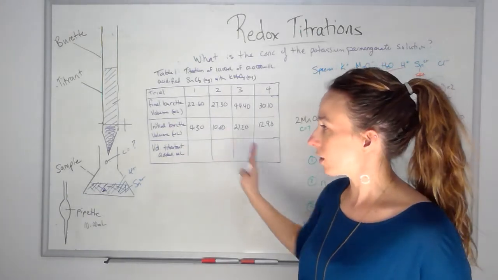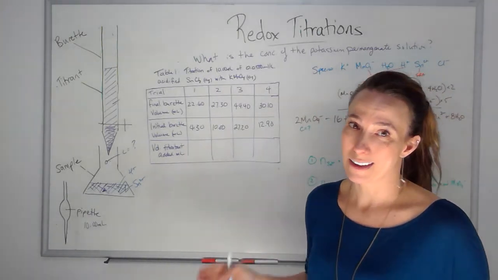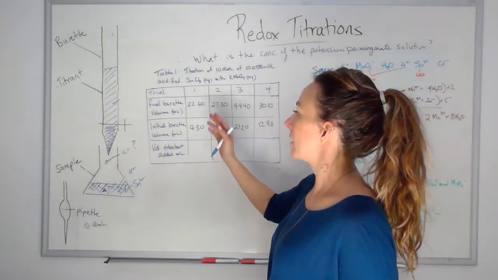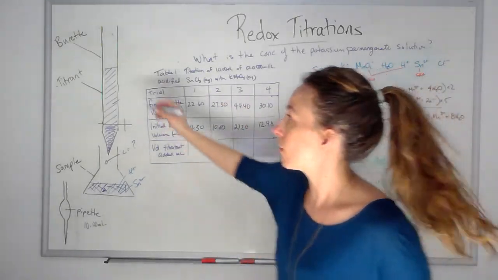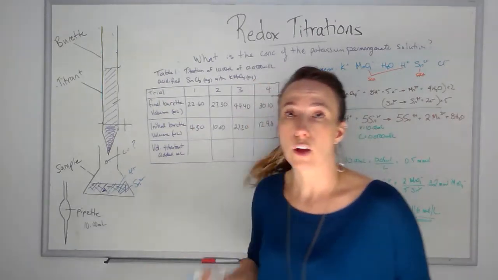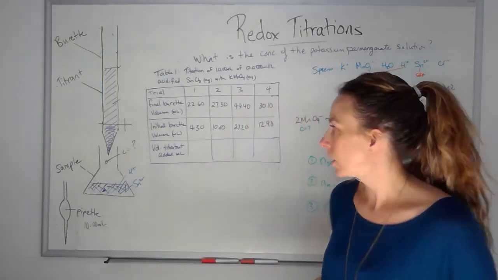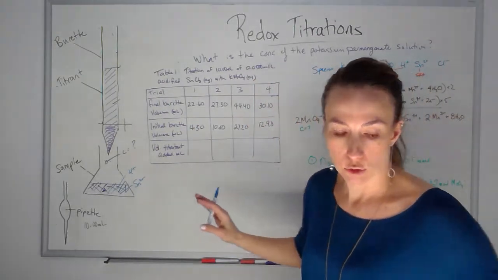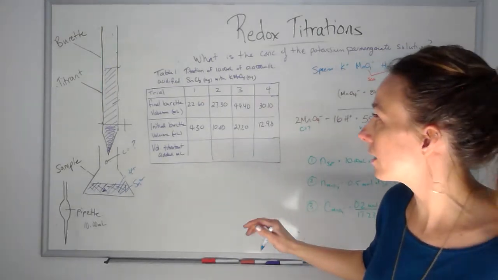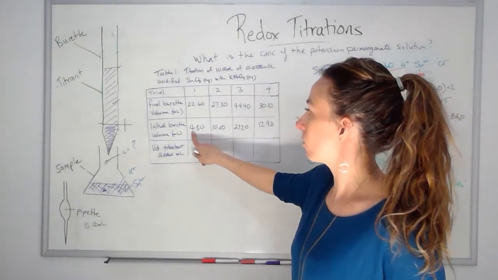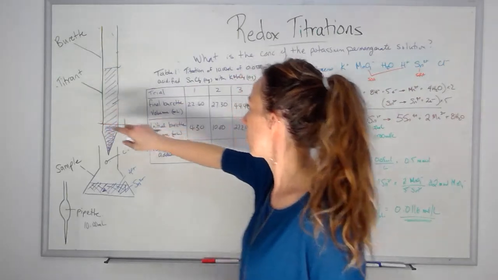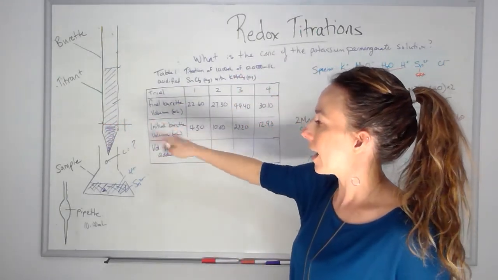And I do 3 trials of this self-indicating titrant. As I add these, I record my initial and my final volumes on my burette. So when you do the subtraction here of these trials, my initial burette reading was 4.3, so almost at the top there. I opened it up. I added my drops.